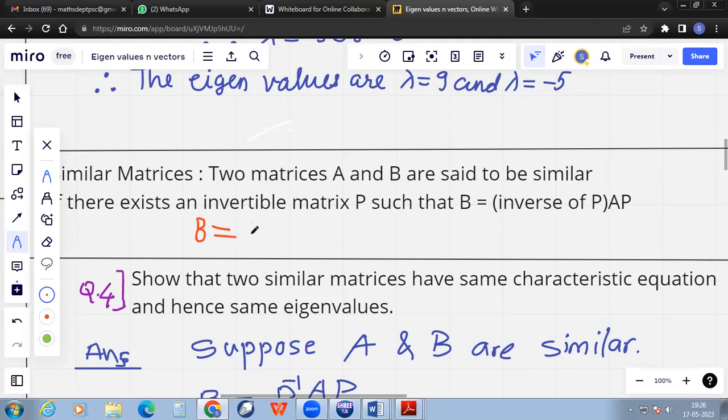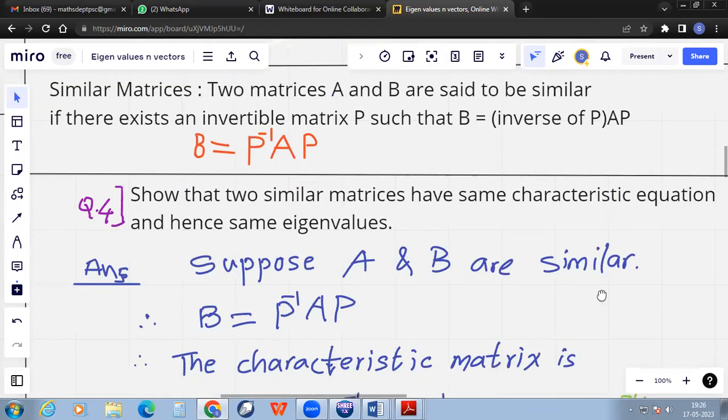P was invertible matrix, so you can multiply by P inverse to A into P. So B is equal to P inverse AP. Matrices A and B are said to be similar matrices.